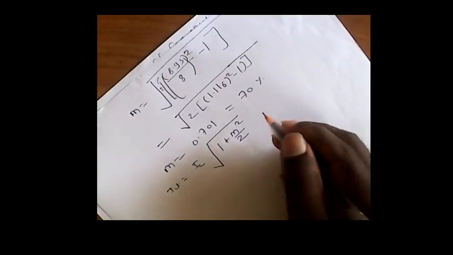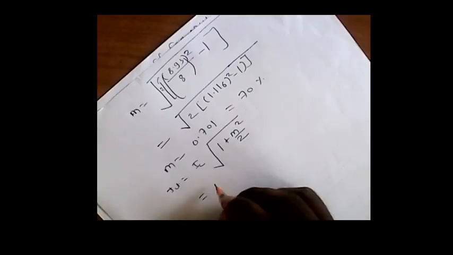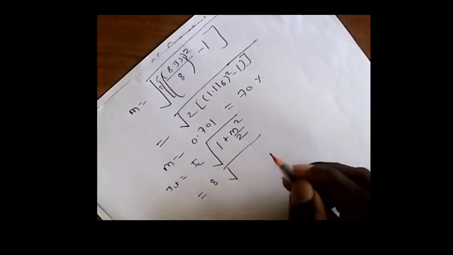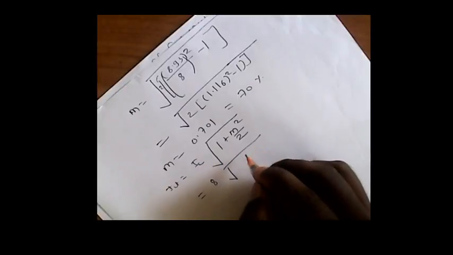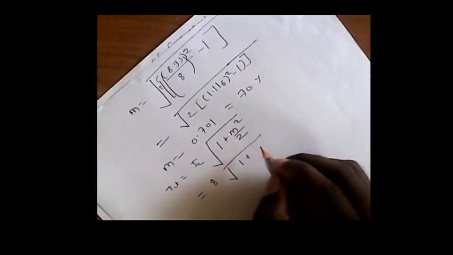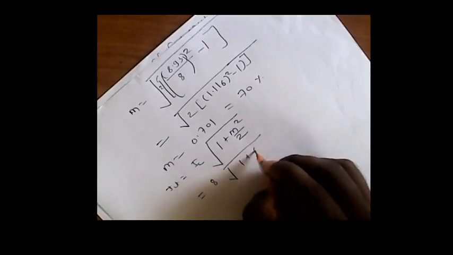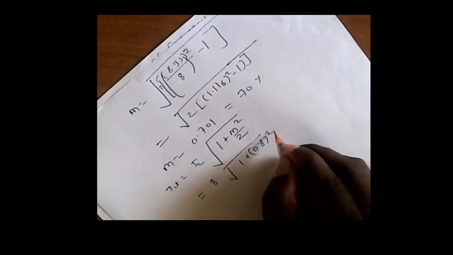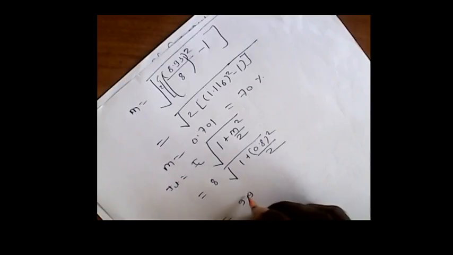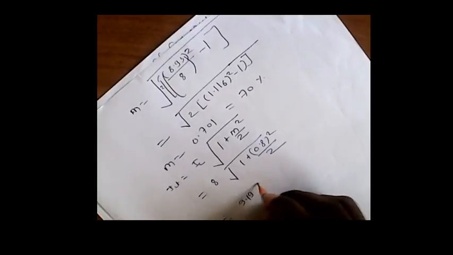We put in the values: the unmodulated carrier current is 8, and the modulation index is 0.8, so 0.8 whole square divided by 2. After solving these equations, what comes out is 9.19 ampere. So this is the total current.